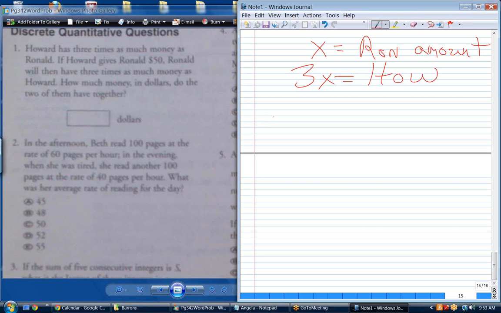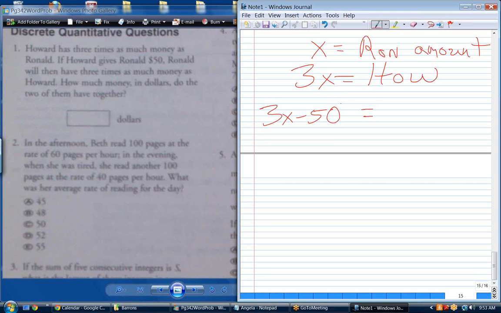It looks like, let's see, if Howard gives Ronald $50, so 3X minus 50, Ronald will then have 3 times as much money as Howard. So equals 3 times 3X. He will have 3 times as much money as Howard. Okay, let's see.